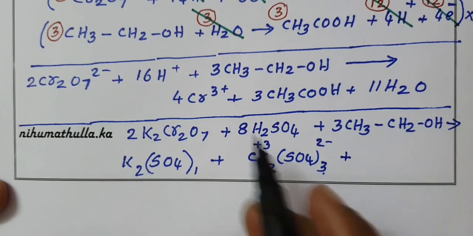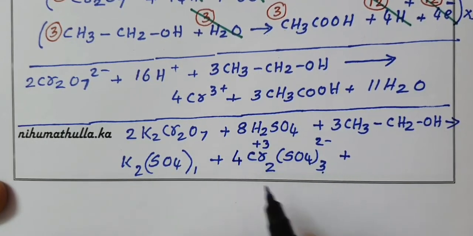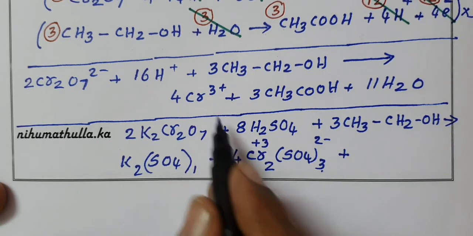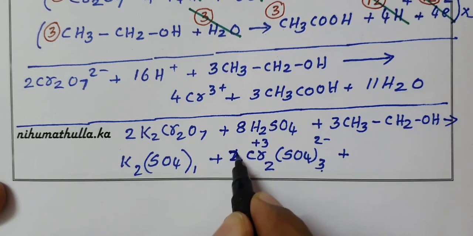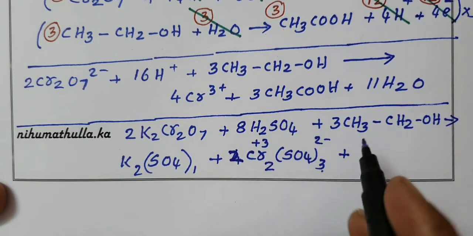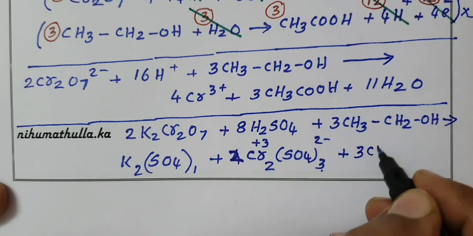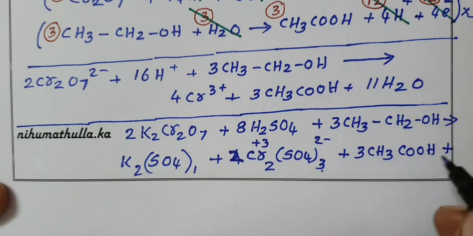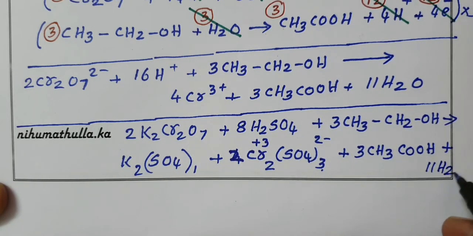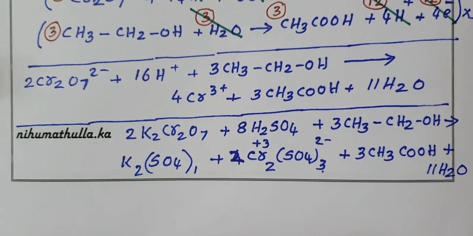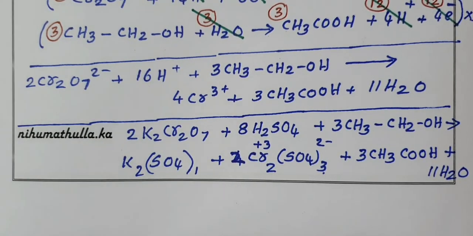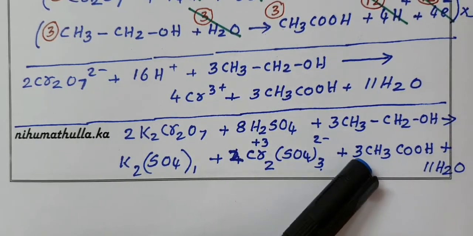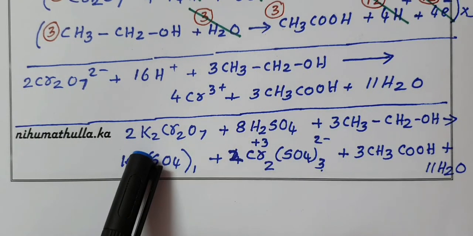Plus how many molecules? 4 Cr means 2 into 2 equals 4. 3 acetic acid, CH3COOH, ethanoic acid, plus how many water molecules? 11 H2O. This is the molecular form of oxidation of ethyl alcohol into acetic acid by acidified potassium dichromate.